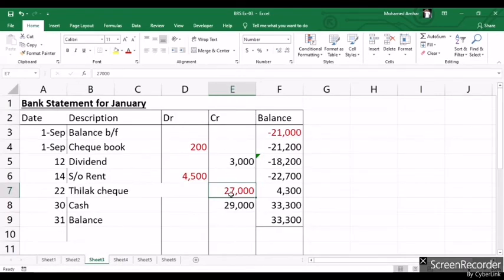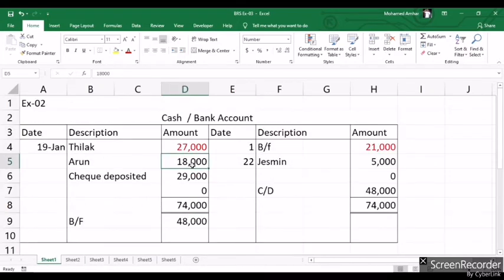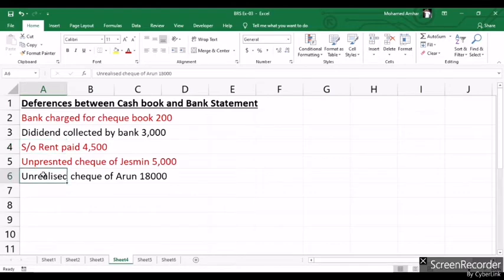That means if the check 18,000 received is not credited in the bank statement, we call that an unrealized check. So here unrealized check 18,000. Right, now here we have found 1, 2, 3, 4 differences.